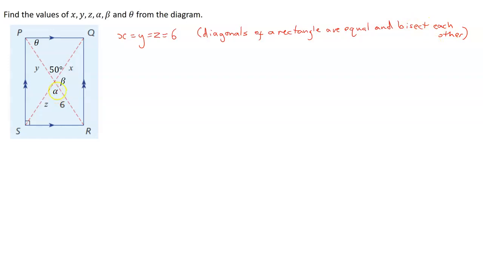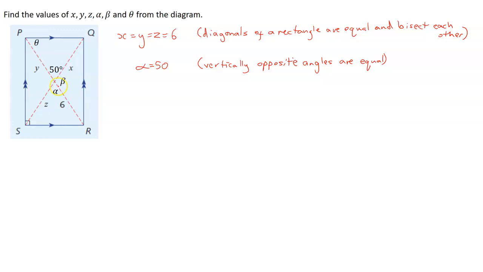Okay then, now let's have a look at alpha. Well, alpha is vertically opposite 50, so it must be equal to 50. Beta lies on a straight line. It lies on the diagonal with 50.